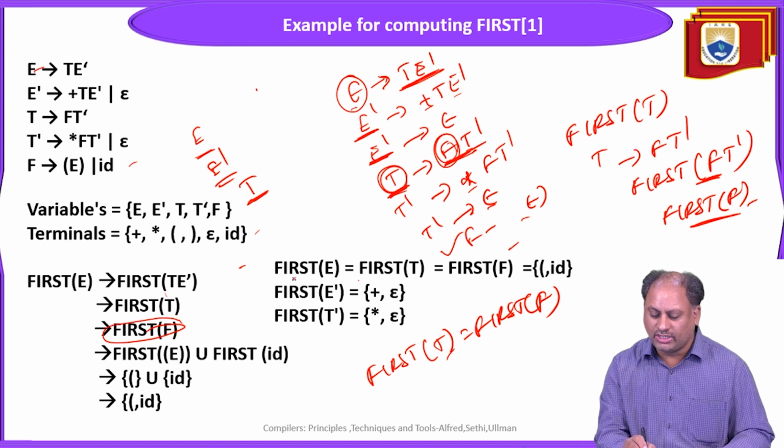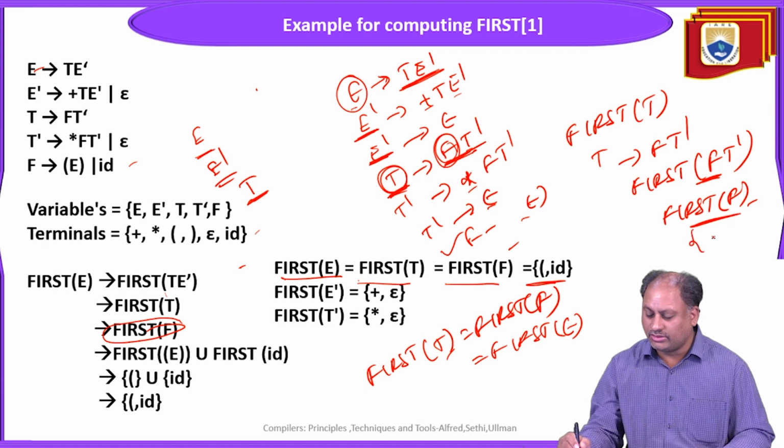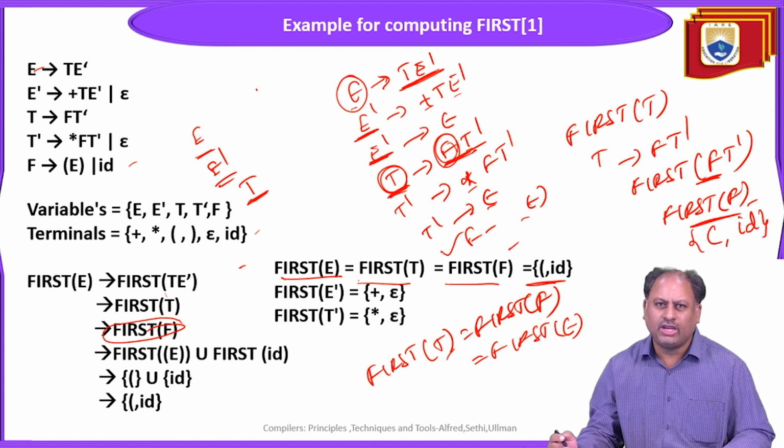So that's why I have written capital E, capital T, capital F. That is also equal to first of capital E. So these three are equivalent to left parenthesis ID. So the result is left parenthesis ID. No need to calculate; if you calculate also, the result will be the same. That means first of F is to be considered.